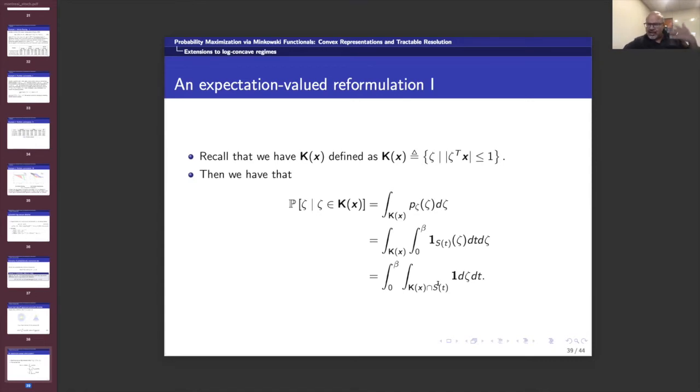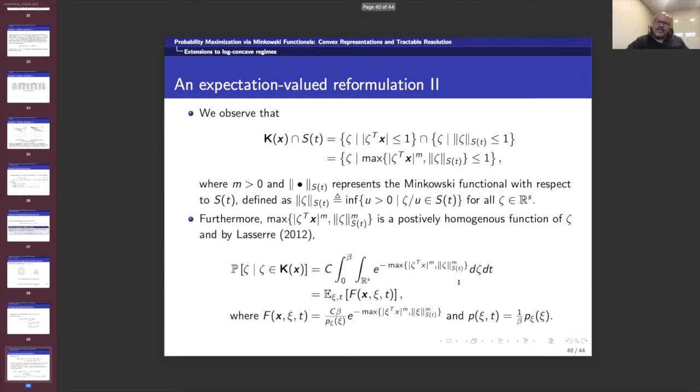And our thought process is similar. Can we now look at this lower integral and show, by using Lasserre's result, that it can be written as the expectation of some other function with respect to a suitably defined density? And it turns out that you can do exactly that. So K of x intersection S of t can be written using, again, the Minkowski functional, and we can write it as the max of zeta transpose x and the Minkowski function with respect to S of t, where S of t again is a super level set.